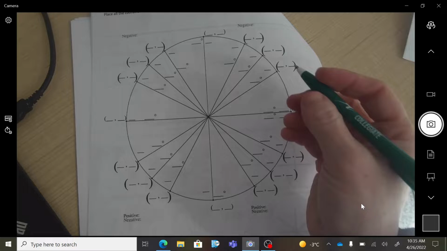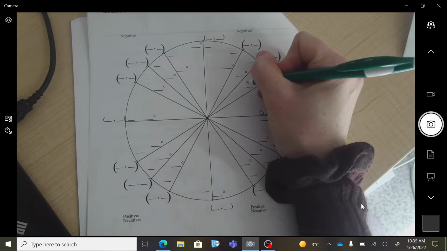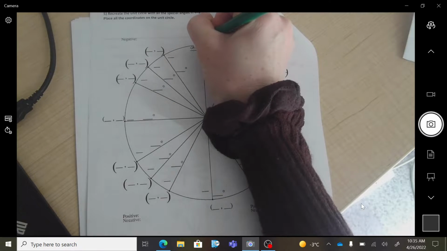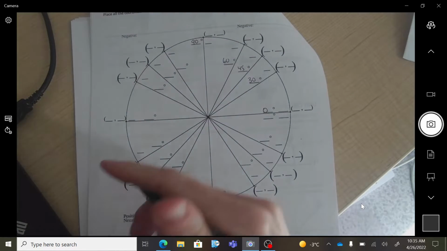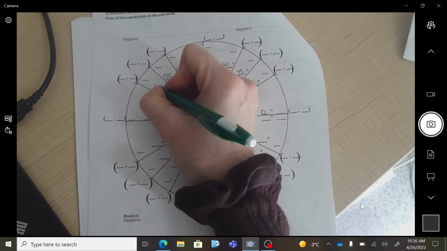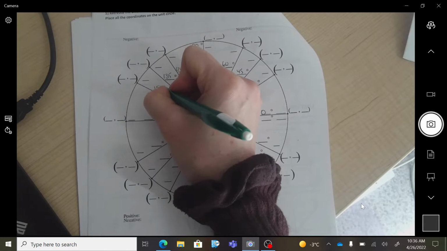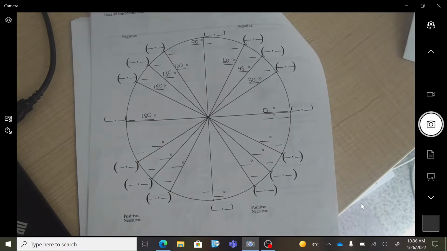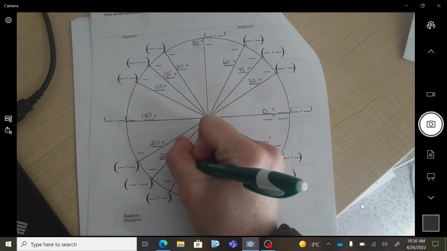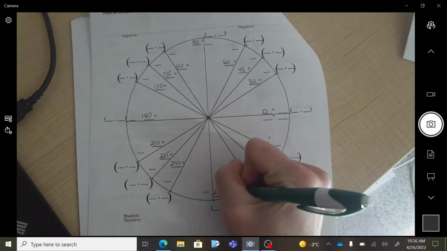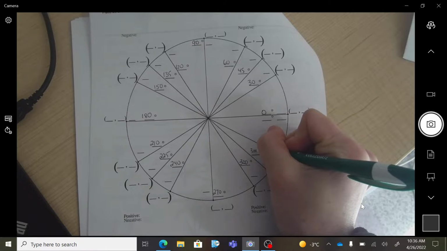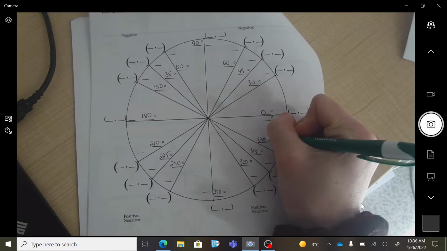Okay, so 0, 30, 45, 60, 90, and then 120, 135, 150, 180, then 210, 225, 240, 270, and then we go to 300, 315, 330, and 360.